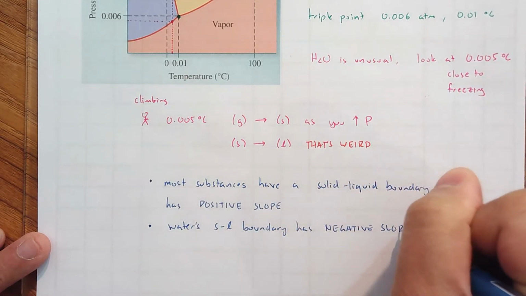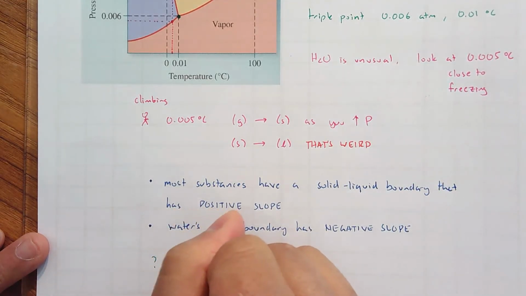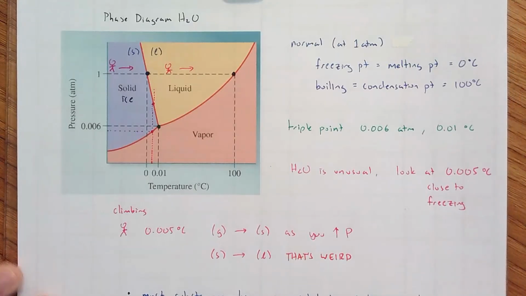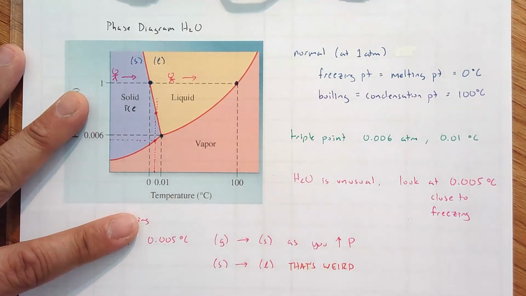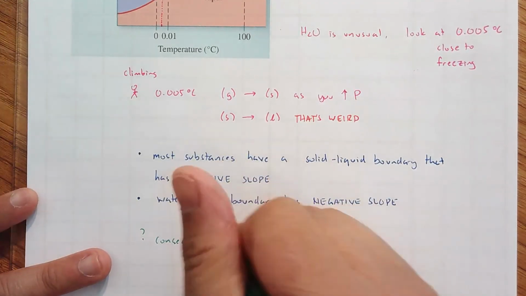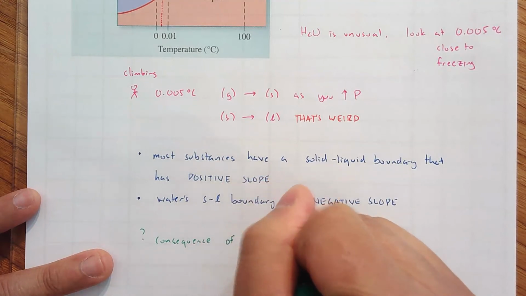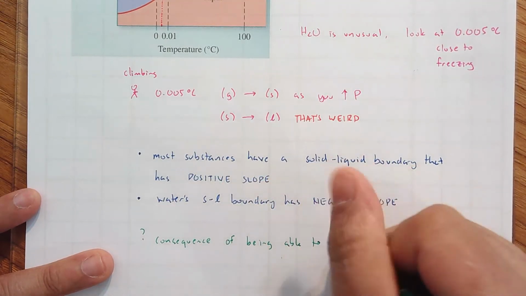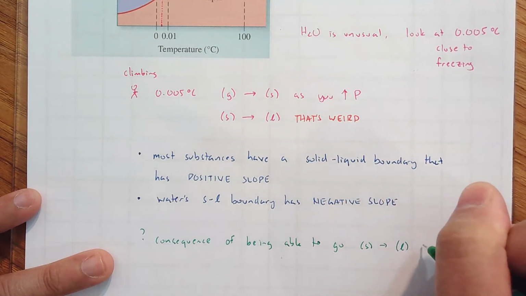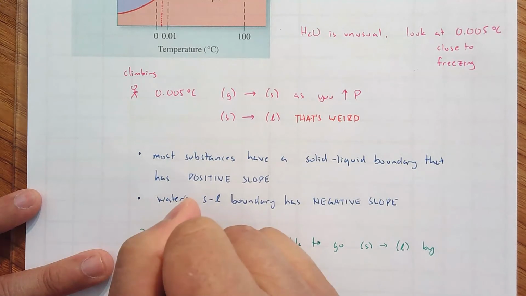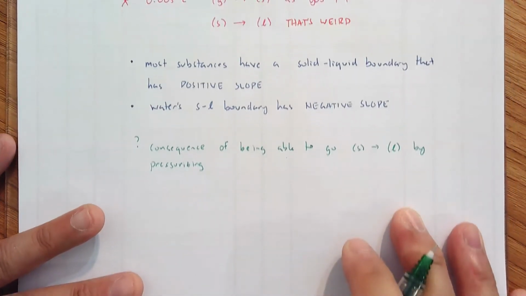What is the consequence of that? What is the consequence of us being able to pressurize a solid and make it a liquid at a certain temperature, of being able to go from solid to liquid by pressurizing? Okay, this is going to sound a little strange at first.